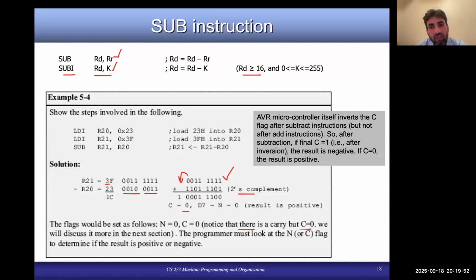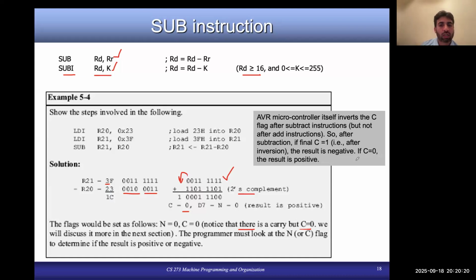Because the AVR microcontroller itself inverts the carry flag after a subtract instruction, but not after add instructions. After add instructions, the carry flag will have the same value as you expect if you do the calculation manually on paper. But in case of the subtract instructions, whatever value of the carry flag you expect is inverted.